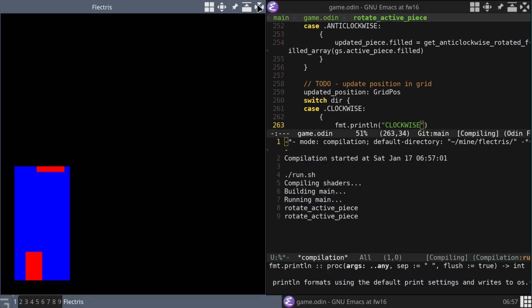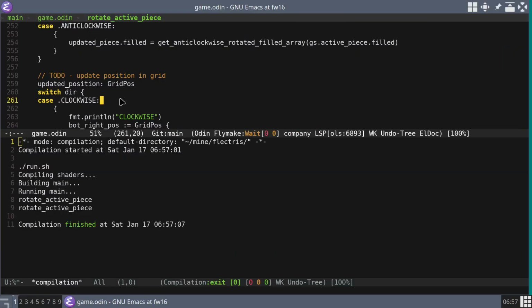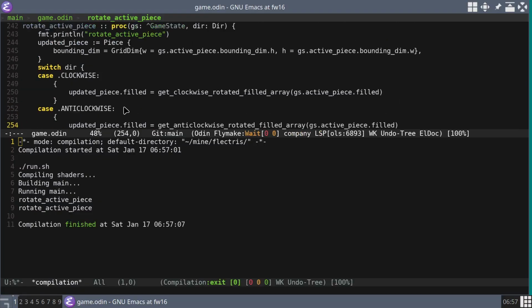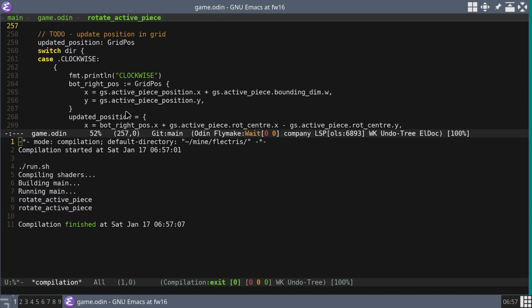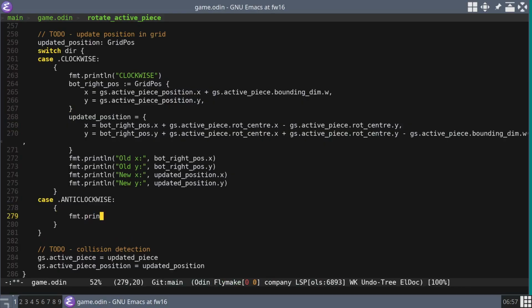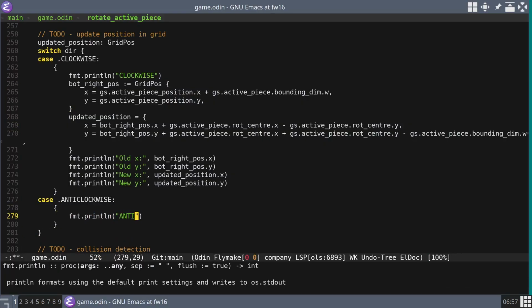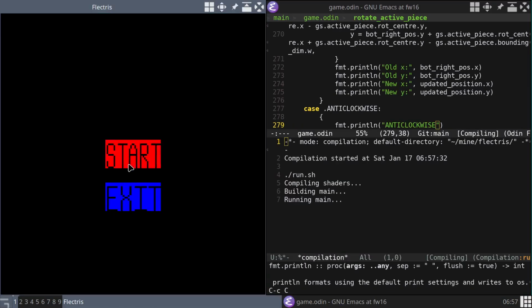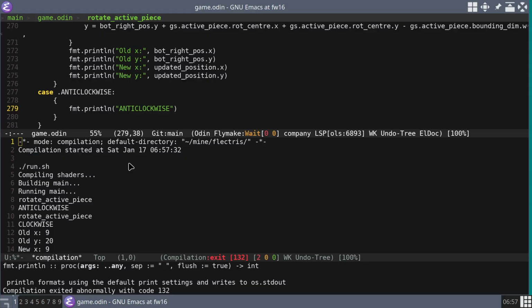Yeah, we're not getting to clockwise. Why is that? We're not in here, are we? Oh, so we are.